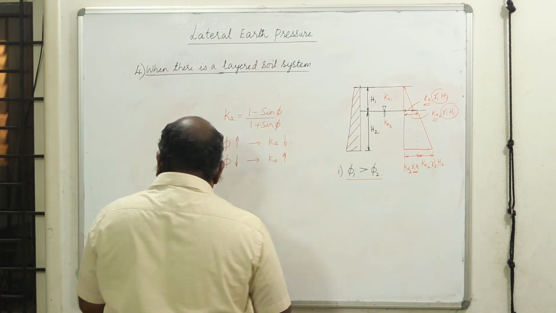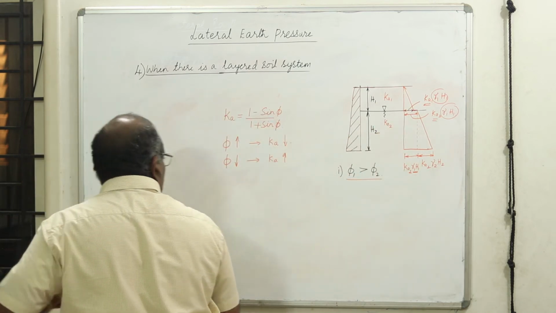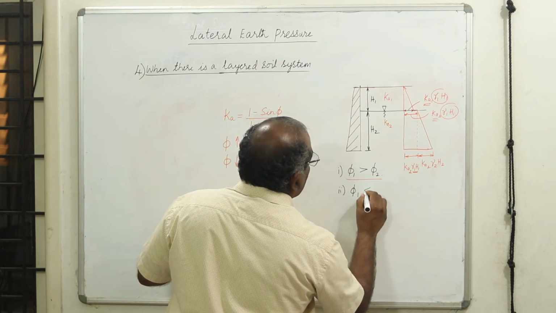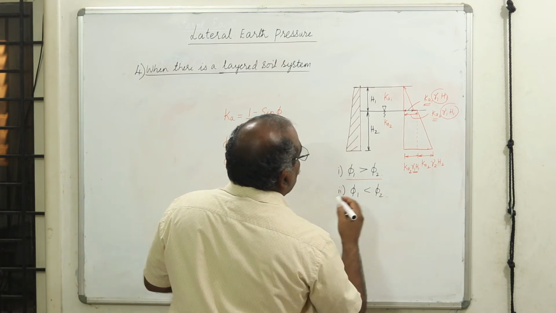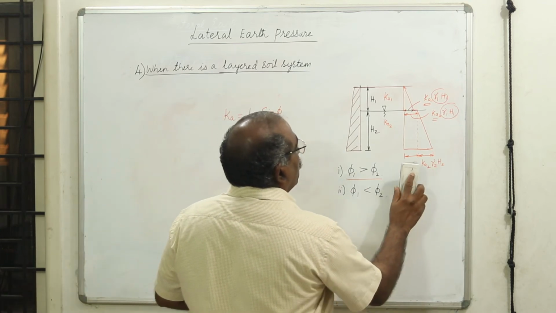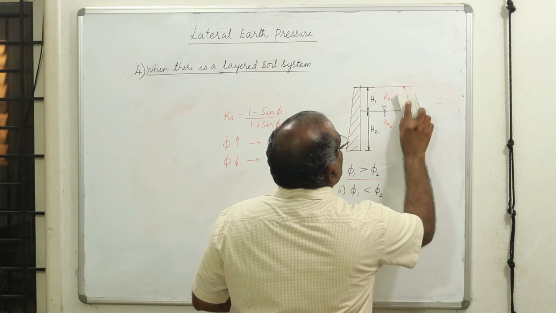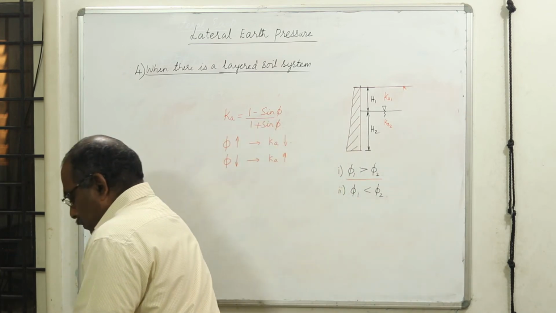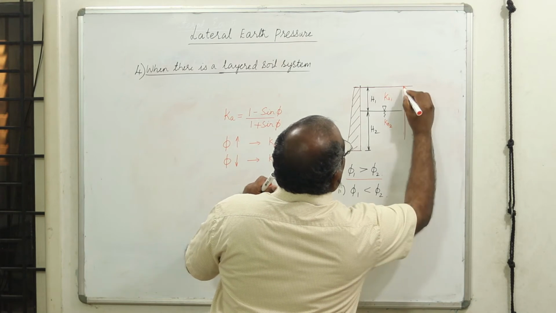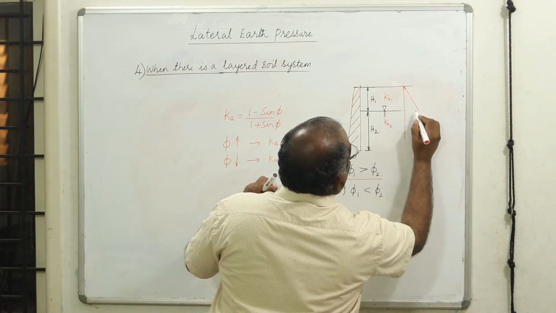Now, in case I have a case where phi1 is less than phi2, then your diagram slightly changes. At the interface you get a diagram like this.